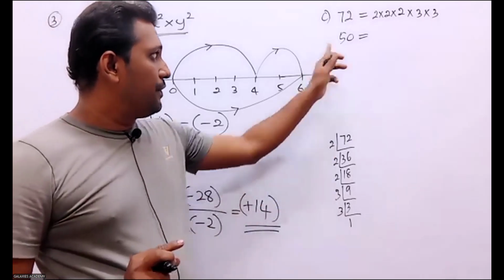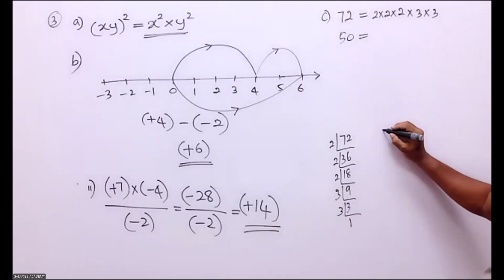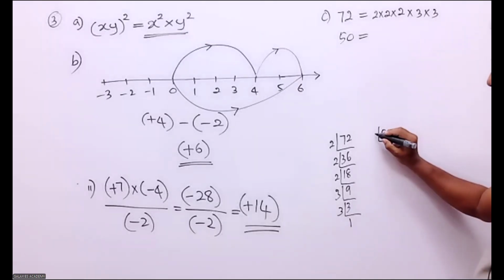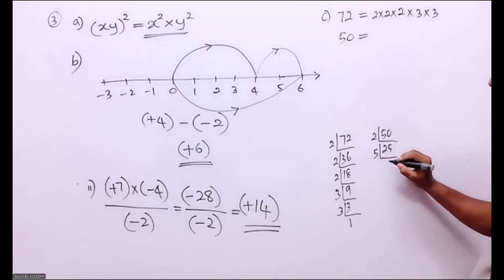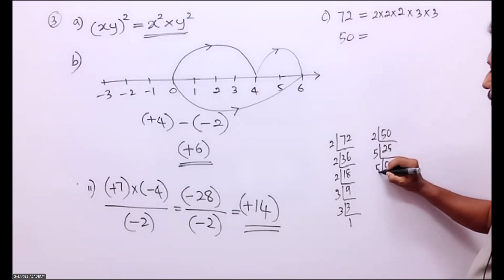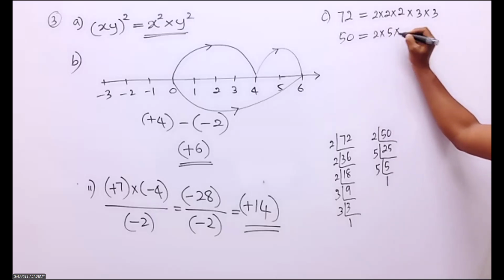Then 50, also we have to divide by the prime numbers. 50 divide 2, 25. 25 divide 5, 5. 5 divide 5, 1. So 50 you can write 2 multiply 5 multiply 5.